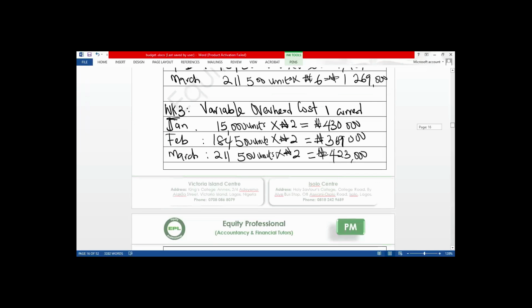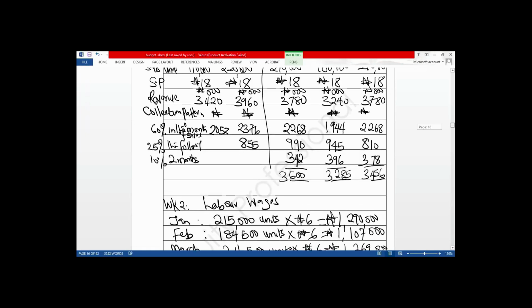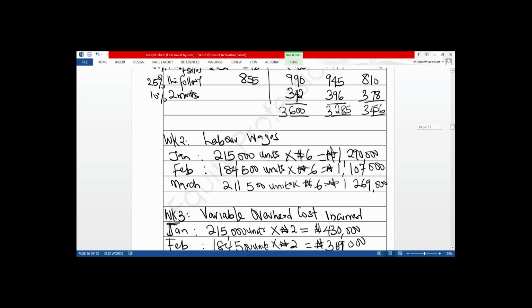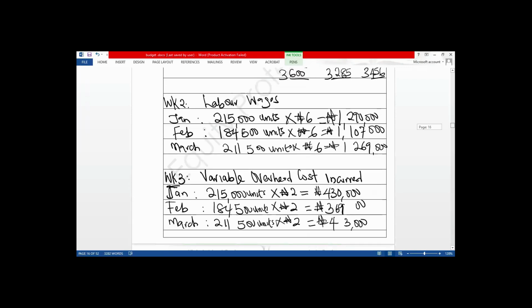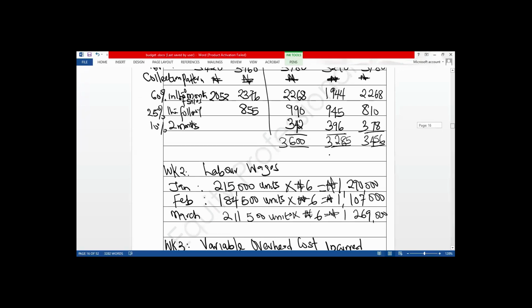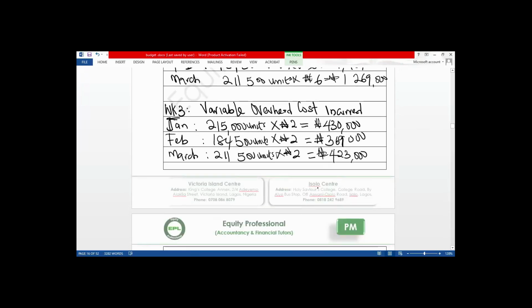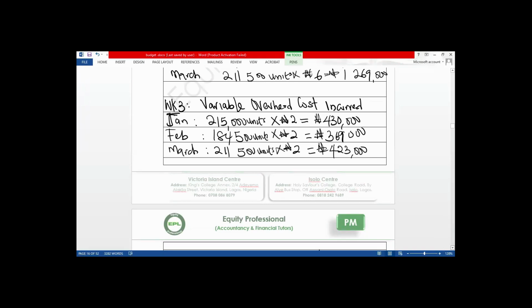Go to February overhead cost: 369,000. 60% to be paid in February, 40% following month. Please compute. 60% of 369,000 is 221,400 naira.